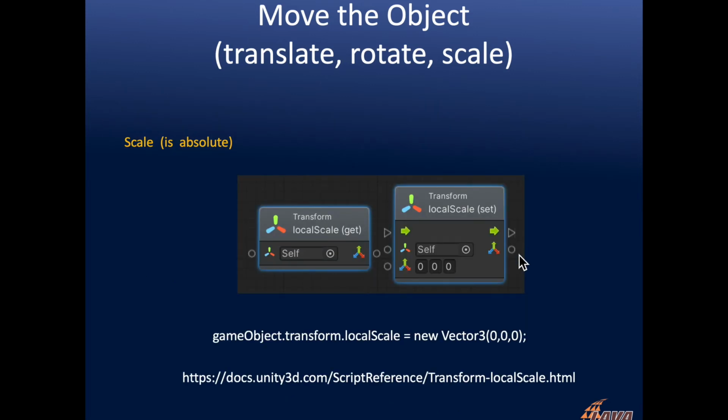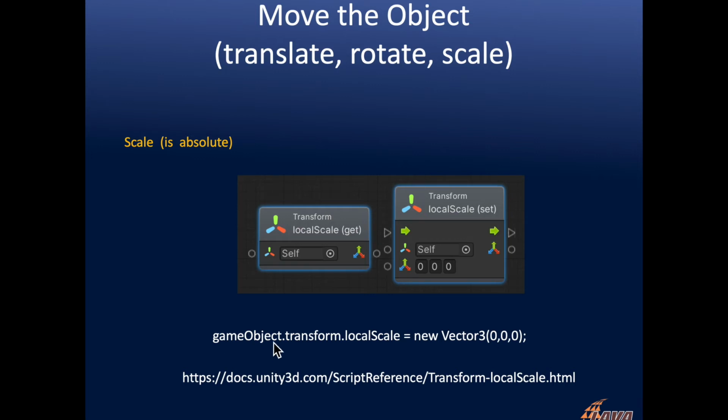Okay, scaling. Scaling is pretty easy, and it's very similar to what you just saw with the position node. You can say transform local scale get to retrieve the current scale of the object, or you can set the scale by saying transform local scale set. So use that node to do that. Here's the equivalent code.